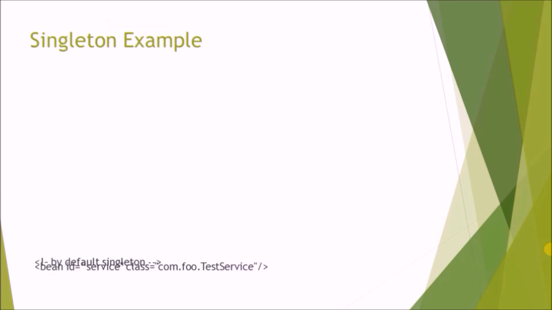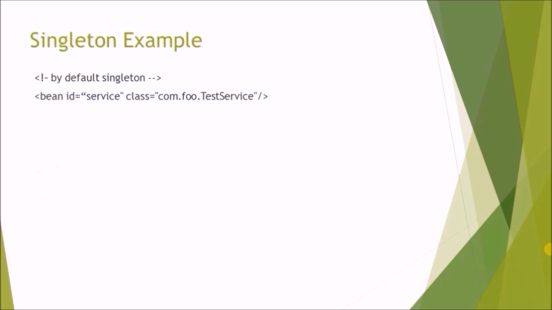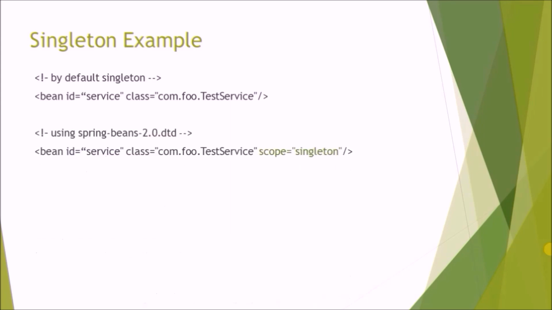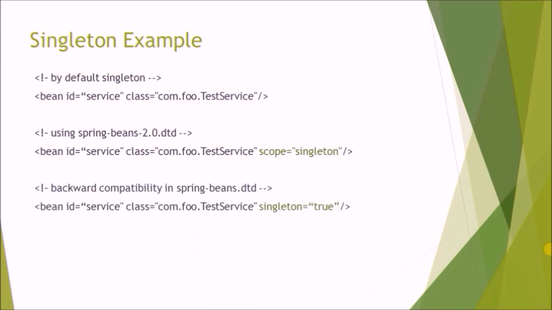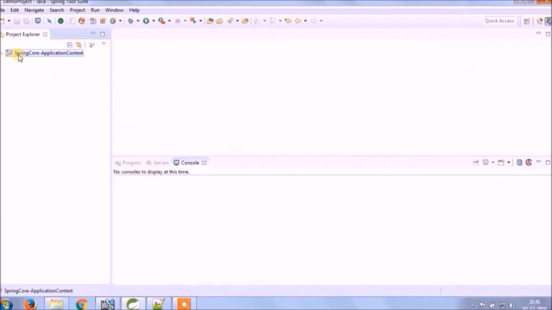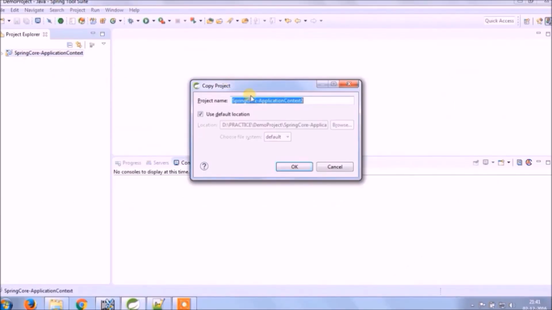Singleton example. First of all, beans are singleton by default. If you want, there is an attribute called scope, and set the value as singleton. There is one more attribute called singleton, and set the value true. Let's implement. Let's copy the existing project and make it simple, so name it scopes.